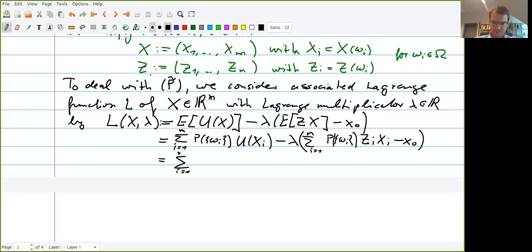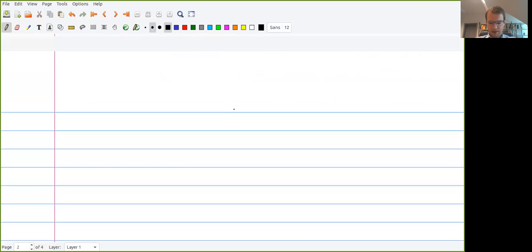And let me rearrange it so that it doesn't look so long. So I have the probability that omega i appears, and then I have just the utility function evaluated at xi minus lambda zi xi minus, and now I have minus minus, so that's a plus lambda xi. Okay. So that's my Lagrange function associated to my optimization problem.